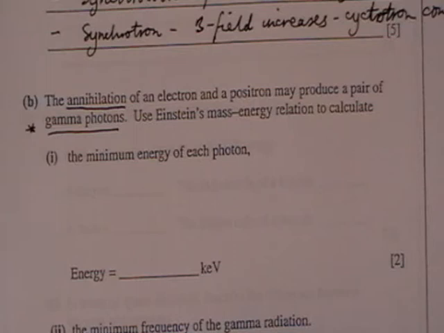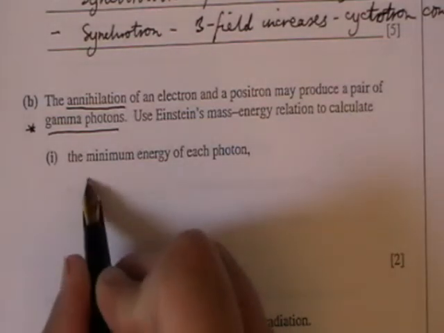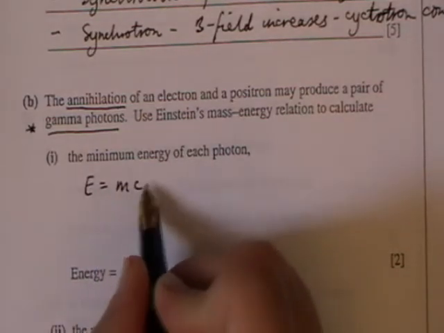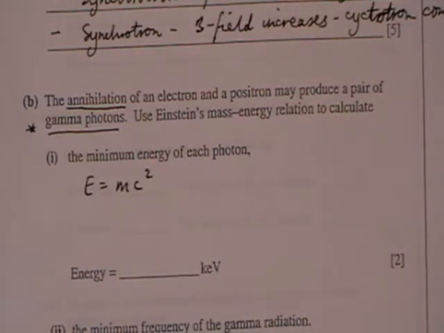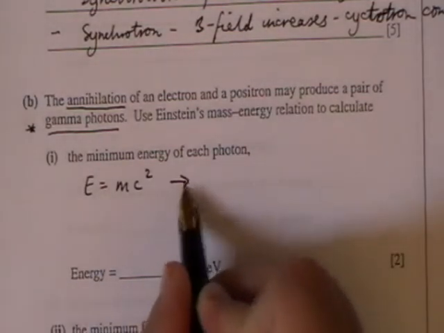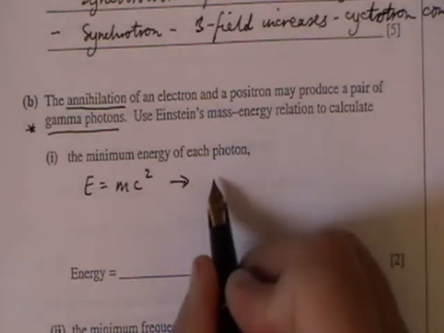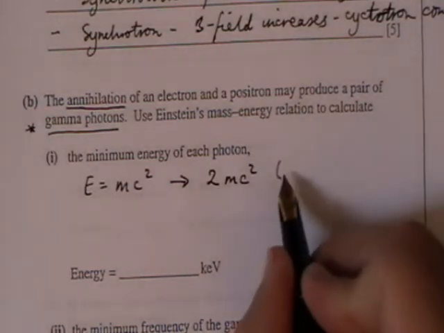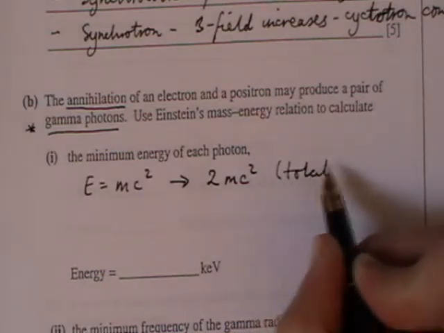Right, so what we're saying here is that the minimum energy that's available is going to be equal to, well, the energy is equal to mc squared, so E equals mc squared according to Einstein, but because we produce 2 photons of that, then it's 2 times mc squared is the total energy available.